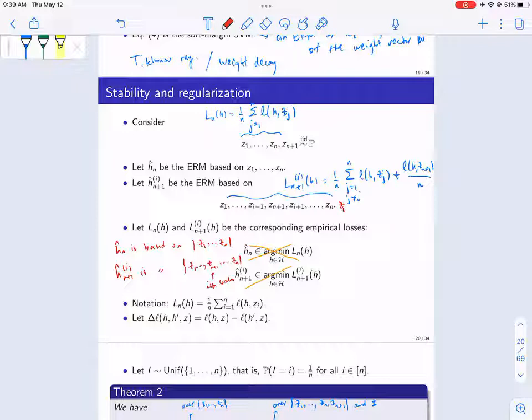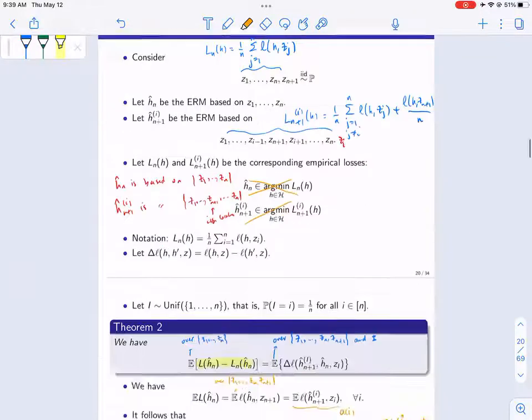So to do that, we had this notation of the difference in loss. The empirical loss is this L_n h, and then I have this delta, which is giving me the difference in the first coordinate between two functions at a given example. That's just for simplicity.